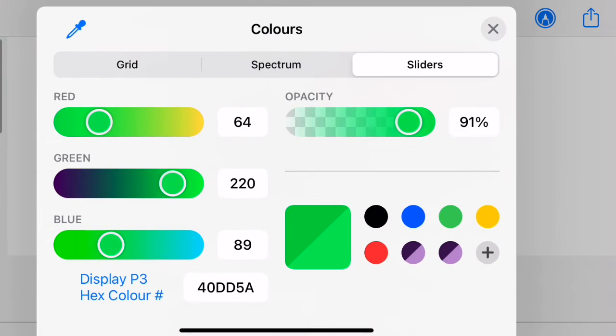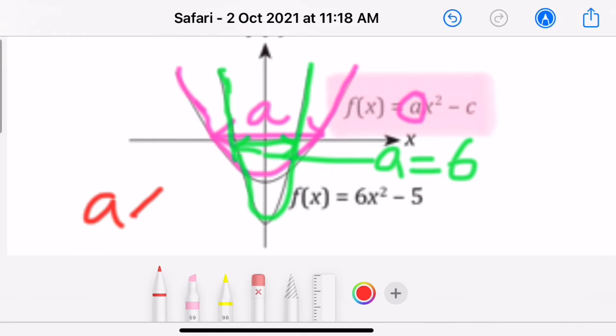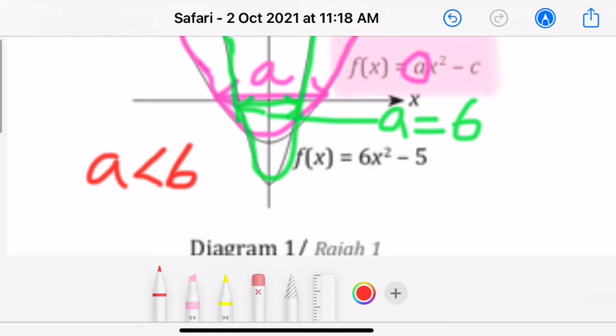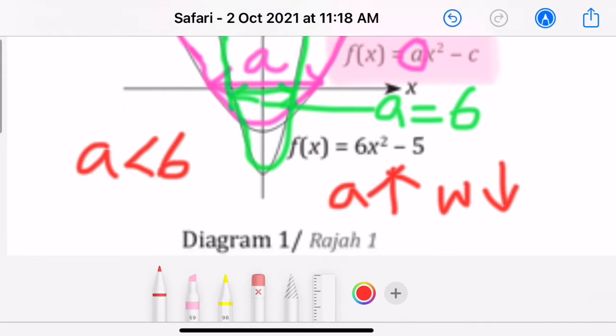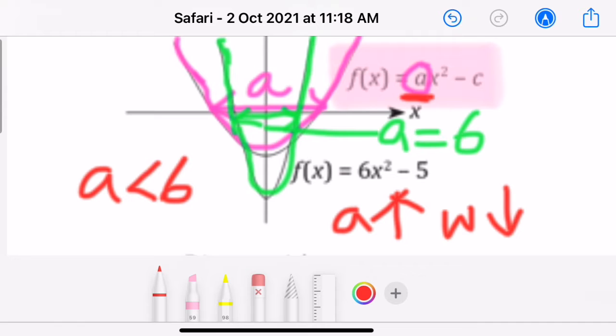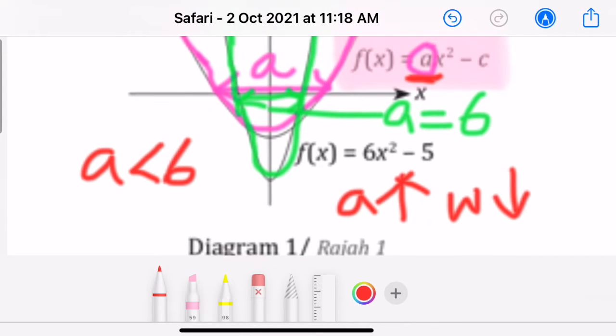The value of a should be smaller than 6, because the wider the parabola, the narrower the width would be for the larger a. If a is smaller, it will be wider than 6.